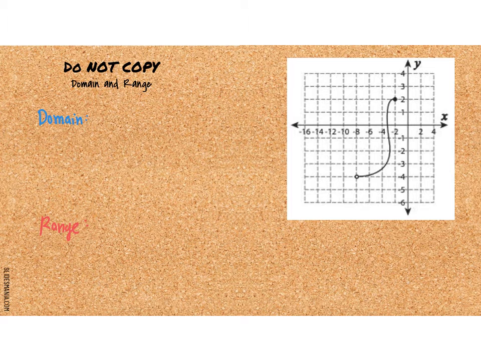So for my domain, if you guys notice, my domain is from x moving side to side, so that is -8 all the way to +2. So I have -8, x in between, and +2.